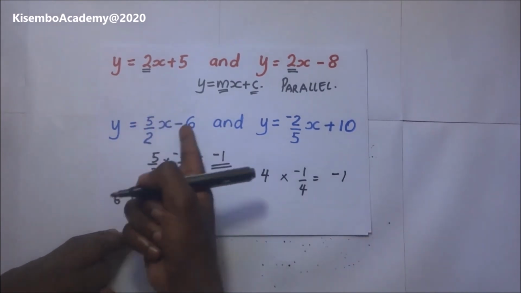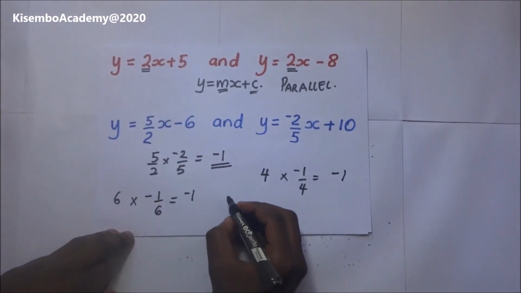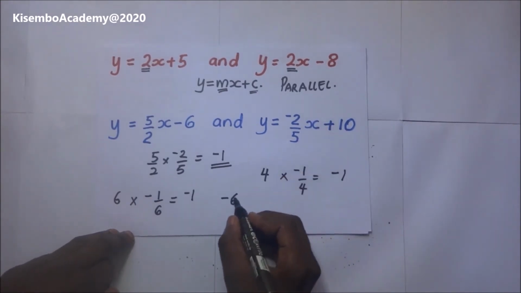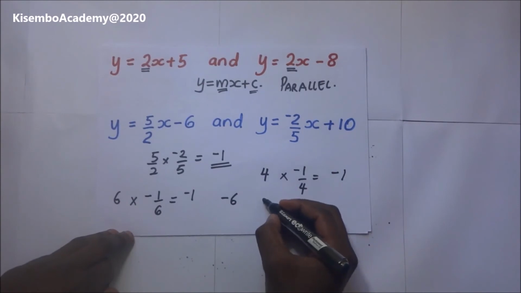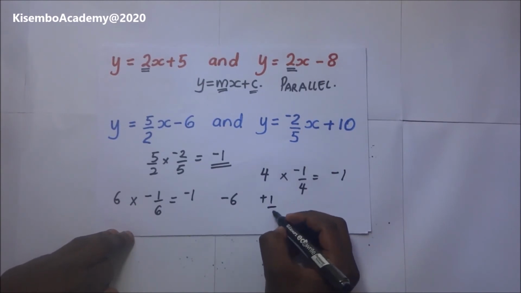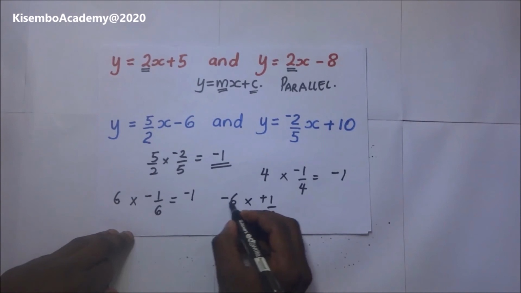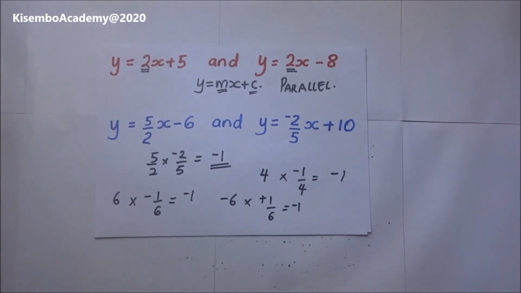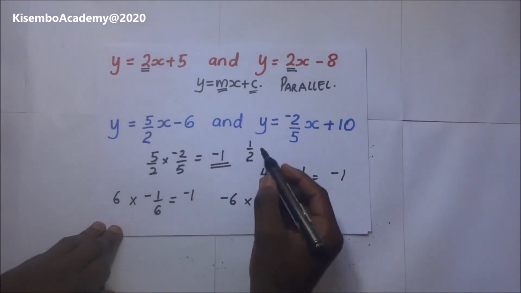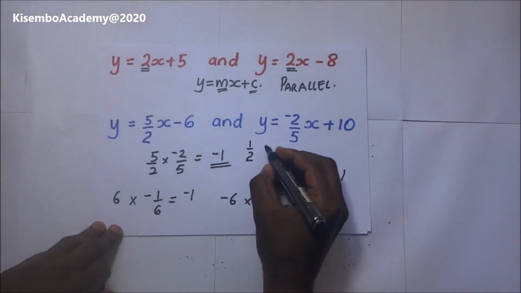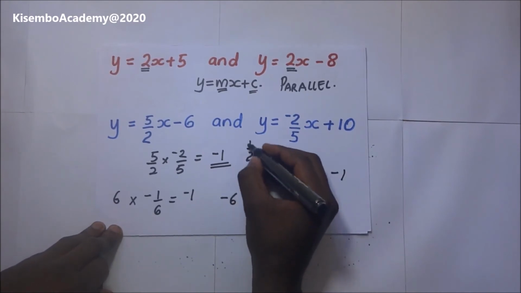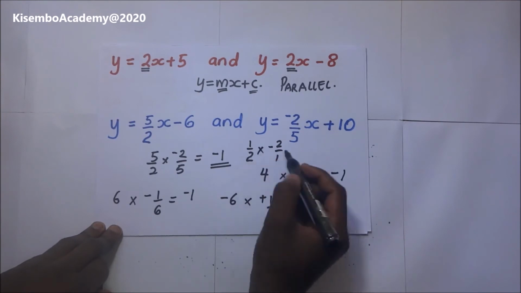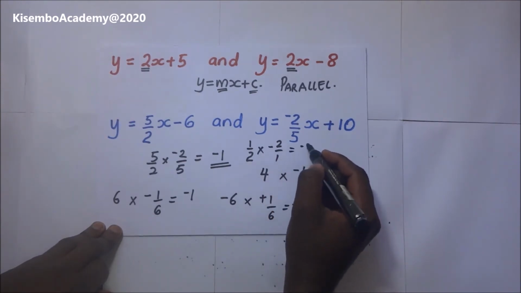If the gradient of this line was -6, it means the gradient of the other line will be the reverse of this reciprocal, so it will be +1/6, because when you multiply those two, it's supposed to give us -1. Maybe one more example. If the gradient of this line was 1/2, the gradient of the other line is going to be the negative reciprocal of this, so it's going to be -2/1. When you multiply these two, it's going to give us -1.